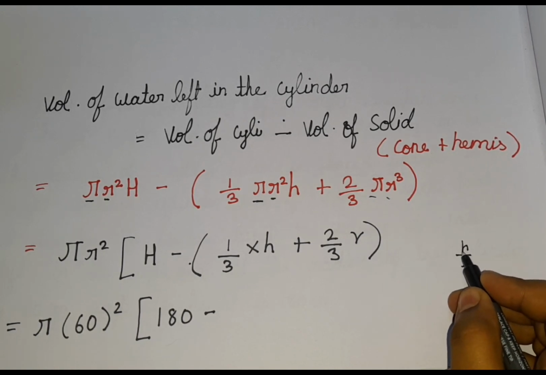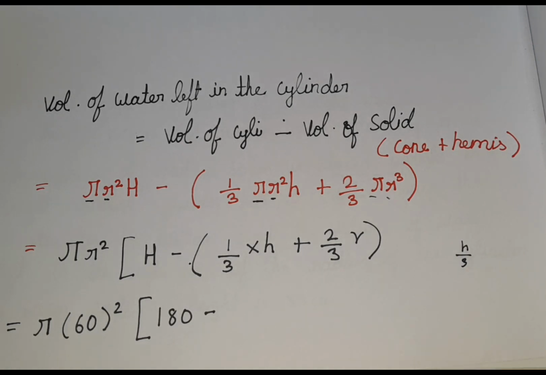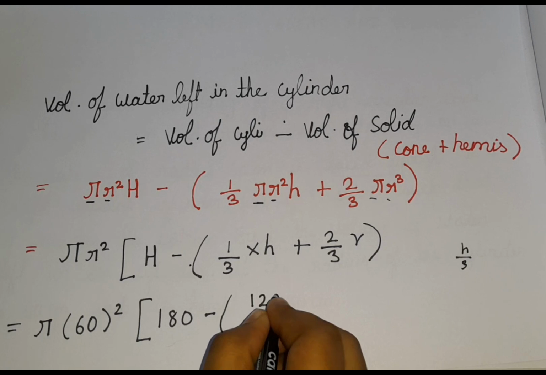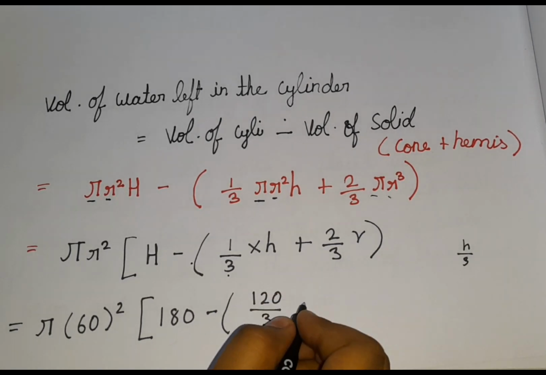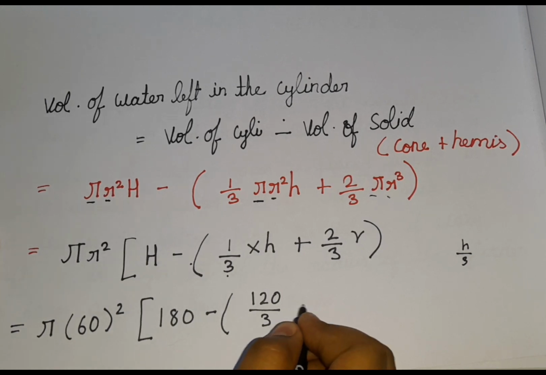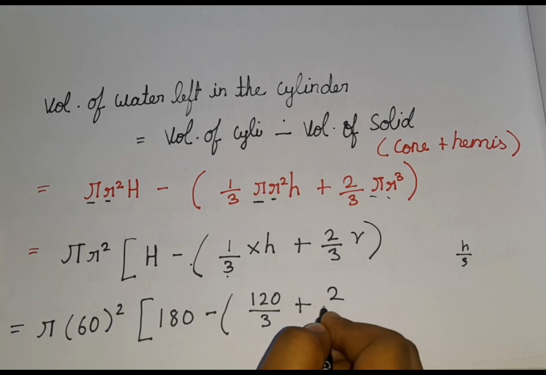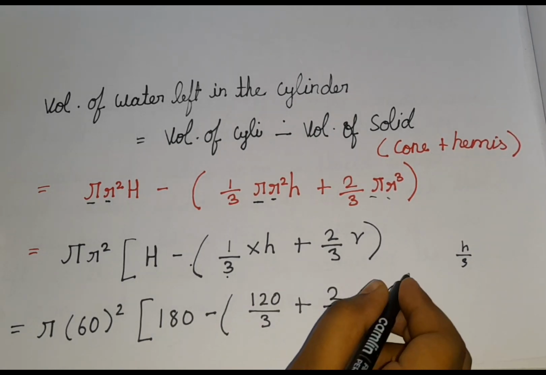The height of the cone is 120, so in the bracket, 120 by 3. I did it directly, so don't get confused. And then plus as it is, 2 by 3 into radius 60, close the bracket.